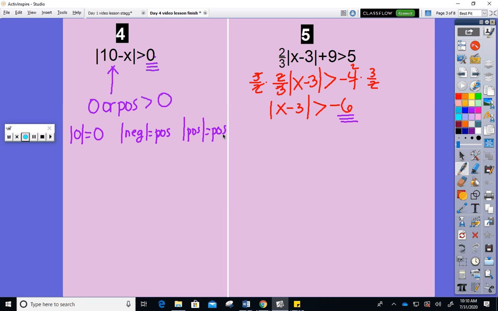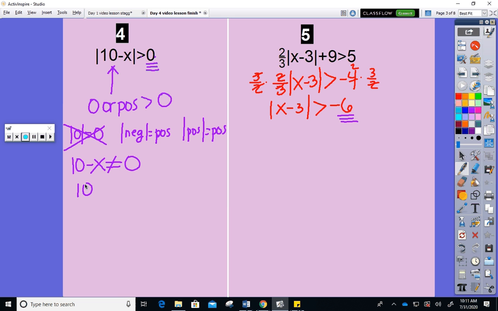Well, the only time I'm saying that the inequality is not satisfied is when what's inside the absolute value bars is 0. So if what's inside the absolute value bars is negative, it's going to turn out positive. And if what's inside is positive, it's going to be positive. So all I have to say is what's inside the absolute value bars can't be 0. It can be positive, it can be negative, and the absolute value will force it positive.